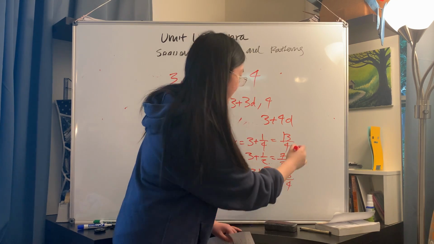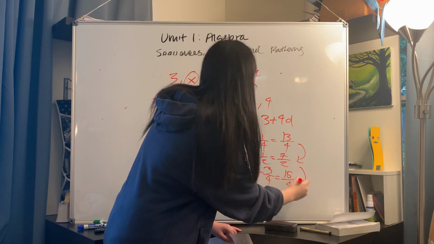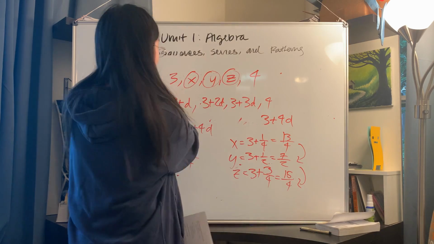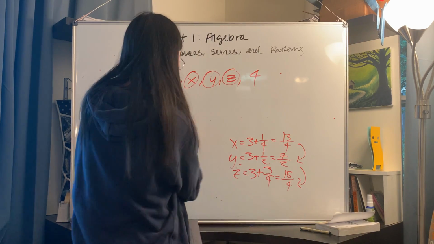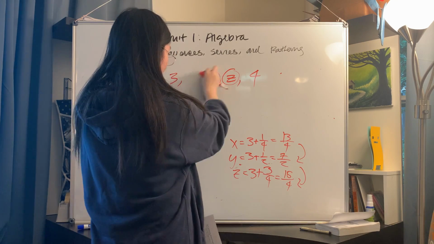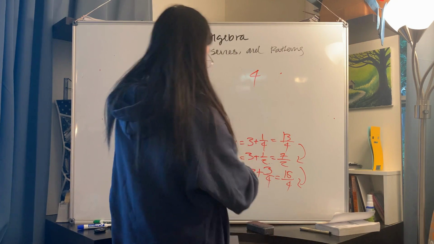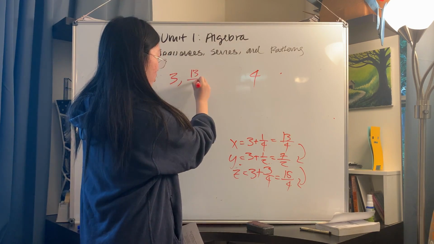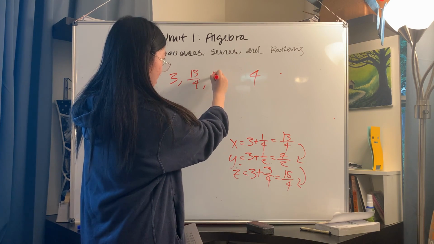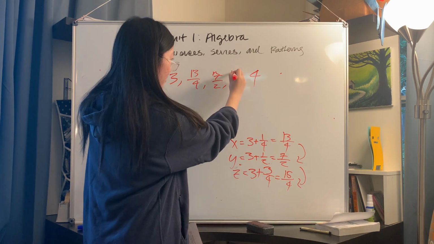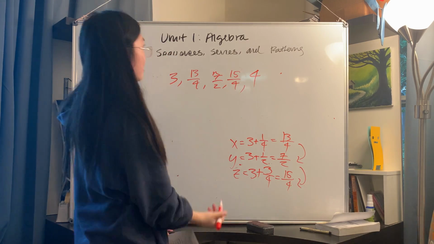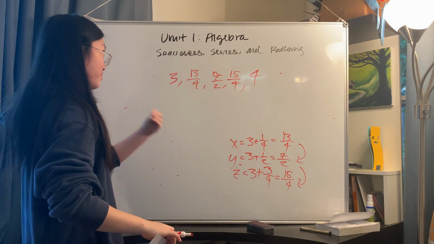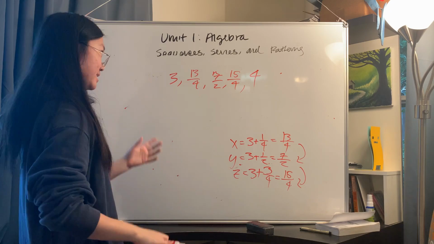And what you notice is that if I substitute what we figured out x, y, and z are back into the sequence, we get 13/4, 7/2, and 15/4. You notice that it keeps the property of being an arithmetic sequence.